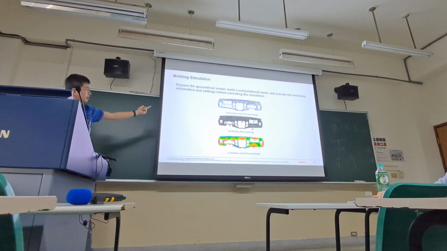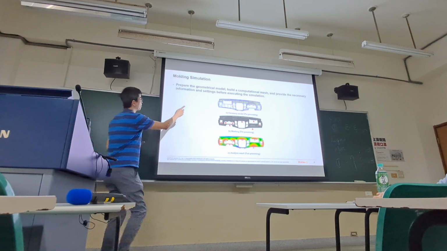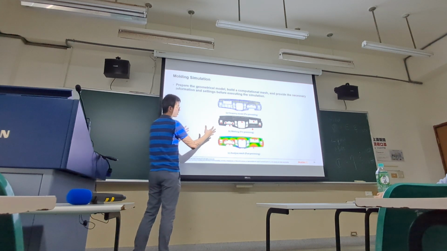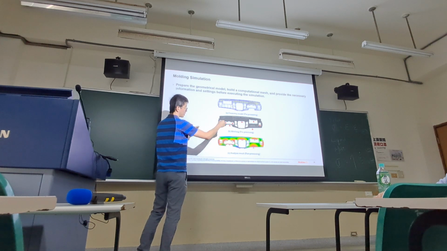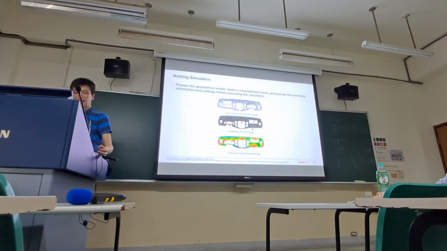Actually, you can select from the material bank. Also you need to define process conditions like melt temperature, mold temperature, velocity profile, packing pressure profile, something like that. And then you can run the simulation, and you can have a result.